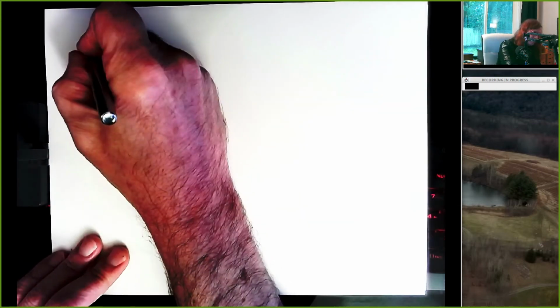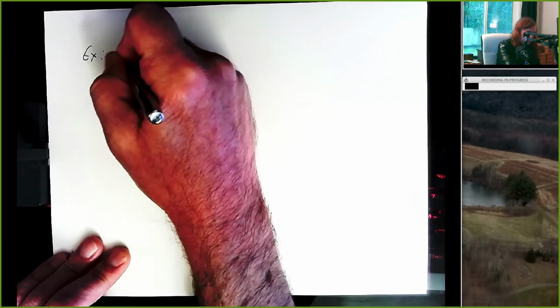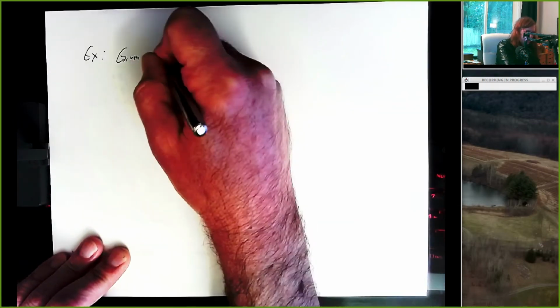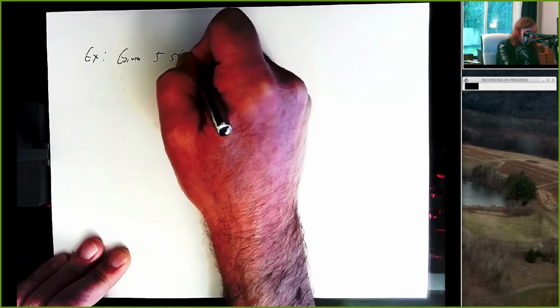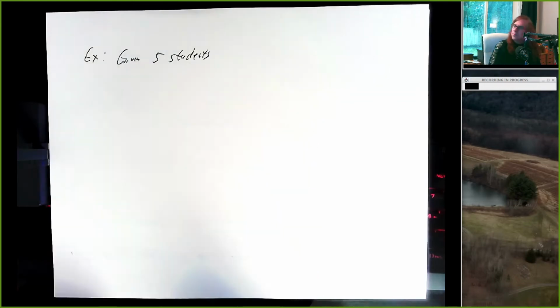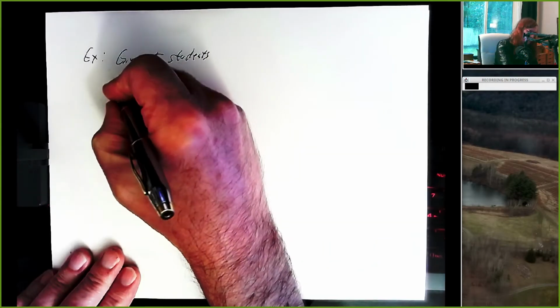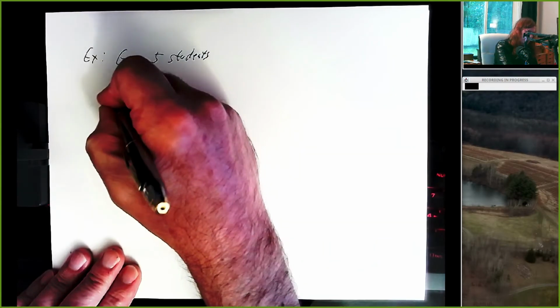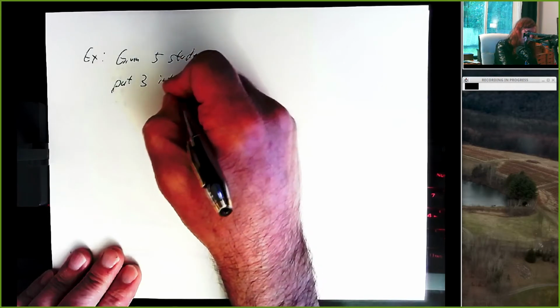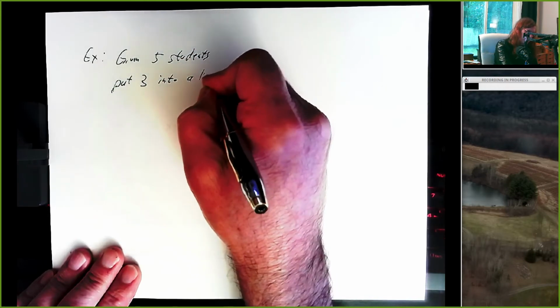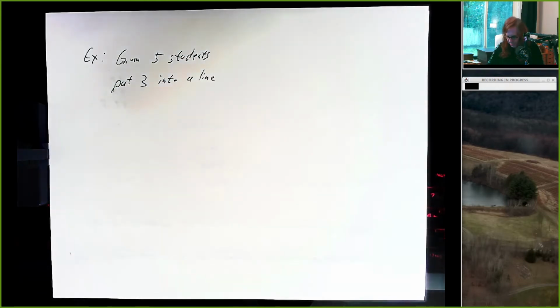All right, so more specific examples. Suppose we're given 5 students, and we want to put 3 of them into a line. There's a first position in the line, a second position, and a third position. The positions in the line are distinct from each other.